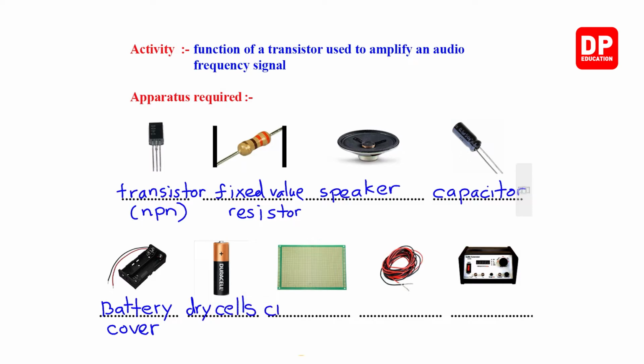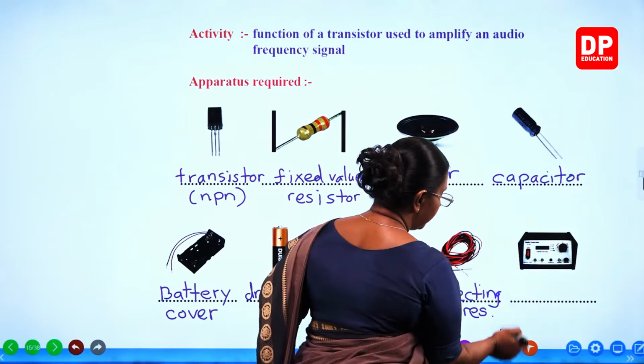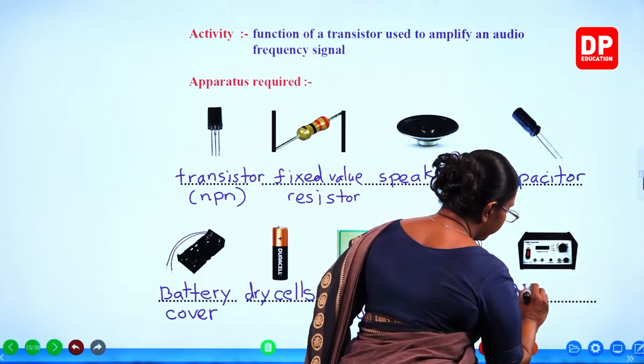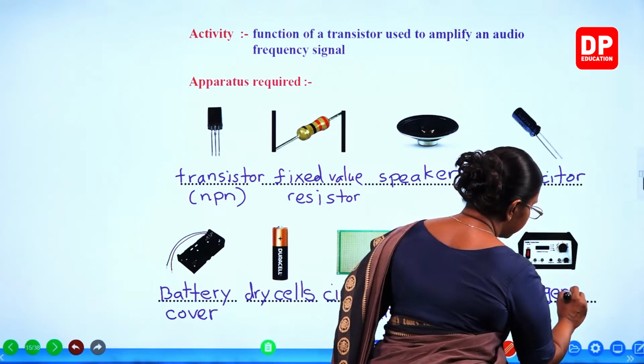Then we need a circuit board. We need the connecting wires. Then we have the audio frequency generator.